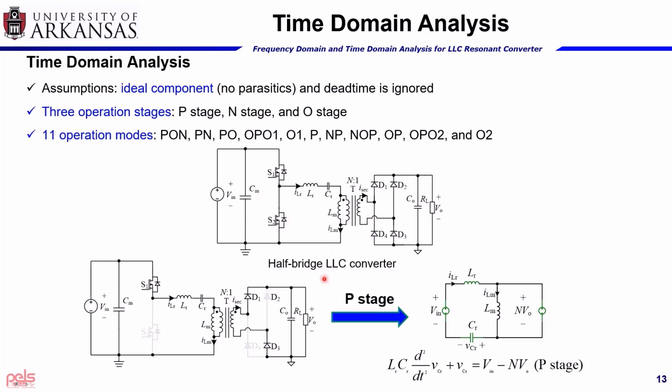The bottom figure shows the P stage, which is when S1 is on, and the equivalent circuit is shown on the right side. If we look at the voltage across the magnetizing inductor, we can see that it is clamped by the positive output voltage, so we call it P stage. Based on this equivalent circuit, we can derive the equations for this operation stage.